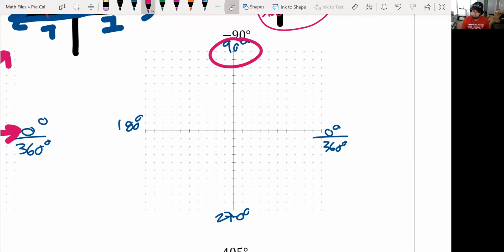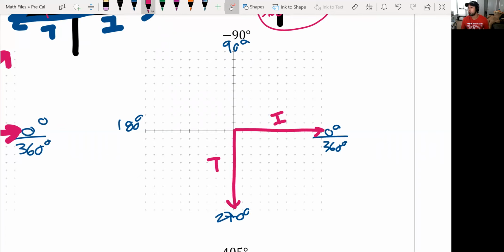So if 90 is up here, the negative 90 must be down here. So once again, there's the initial side, terminal side, and then negative 90 degrees. All right.